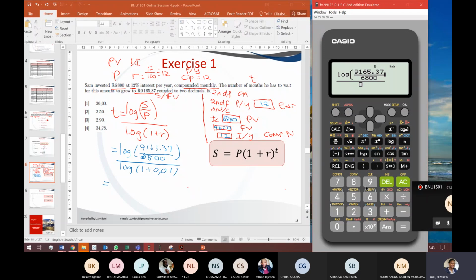And then I go out, put the bracket, go down with an arrow, put there the log of 1.01, close bracket, and I press the equal sign.